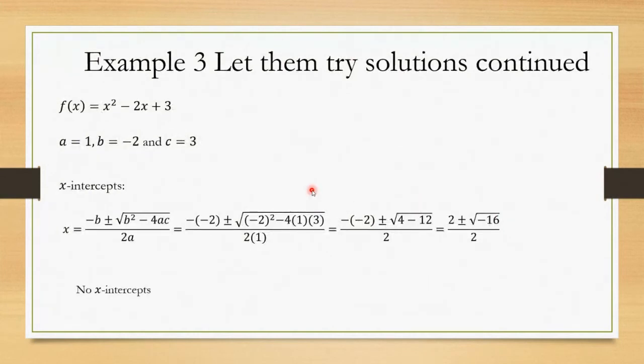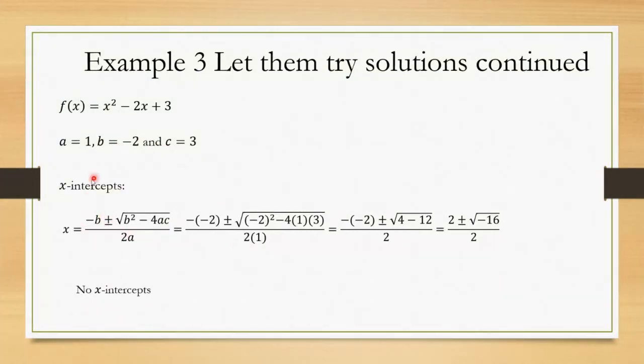So for the x-intercepts, this one you probably could try factoring, but in this case, actually, you don't want to try factoring, because it turns out there are no x-intercepts. Namely, what happened here was, if you use the quadratic formula, you get -b. Again, b is -2, a is 1, c is 3.